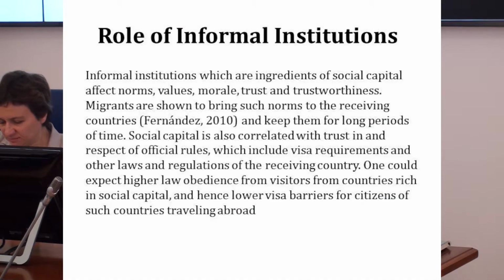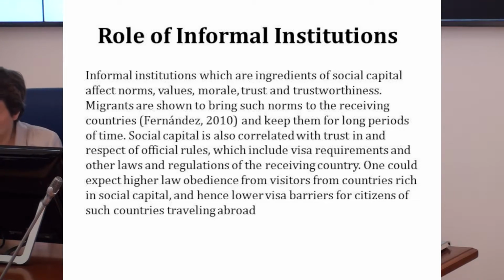Finally, the role of informal institutions. Informal institutions such as norms, values, morale, trustworthiness. A large number of studies show that migrants bring their norms from their home countries and keep them for a long period of time.